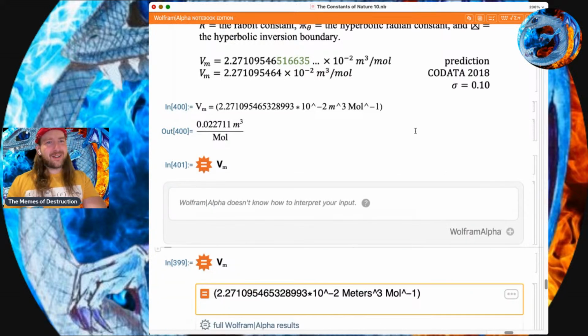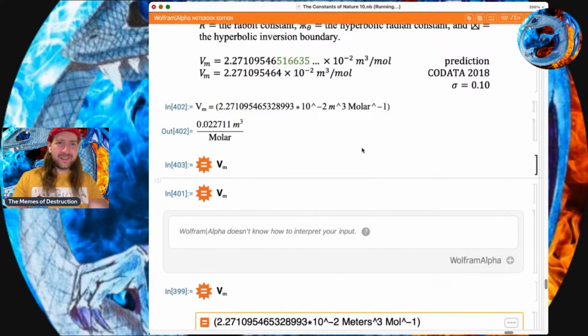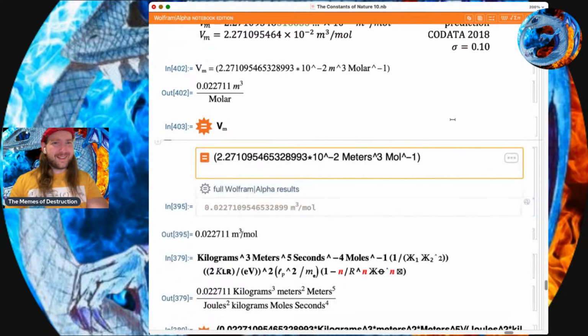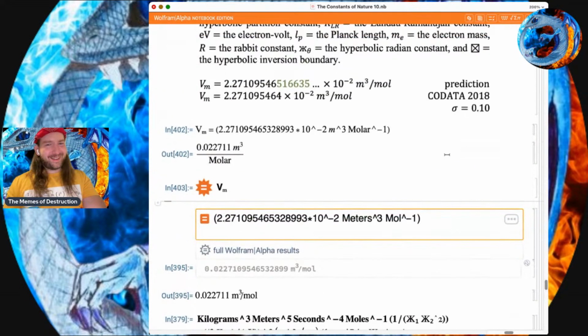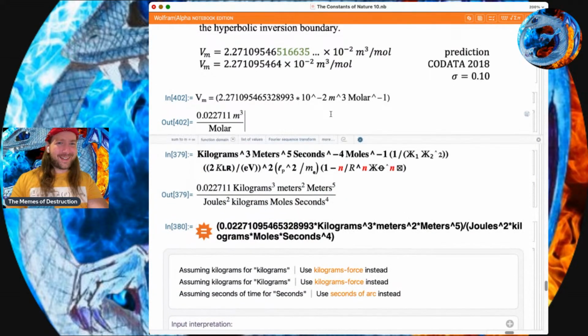Wow. Molar. Oh, this is just discouraging. You can't even read that? Come on, man. Let me just set this dang variable to this.